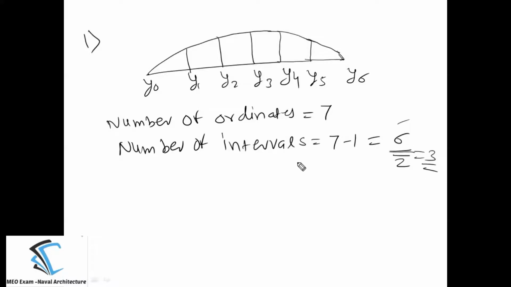You can use Simpson's first rule. Now again, this number of intervals is completely divisible by 3 also, so you can use Simpson's second rule also. So in this case, you can use either rule, Simpson's first rule or the second rule. Okay, so how to proceed?